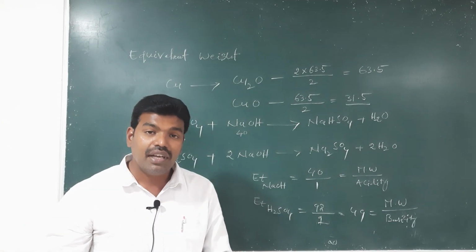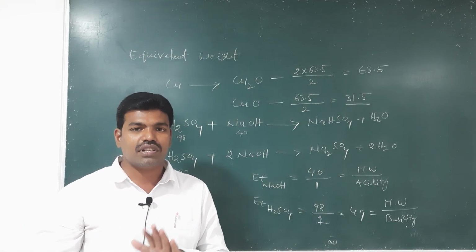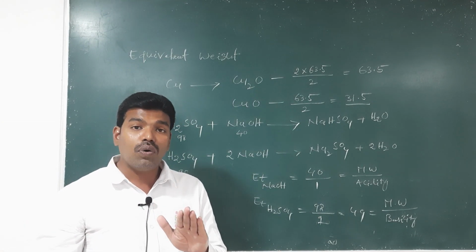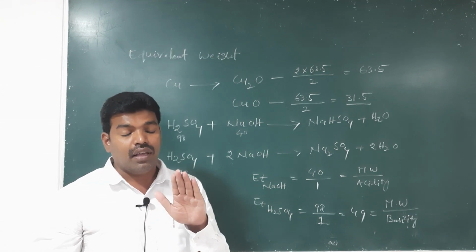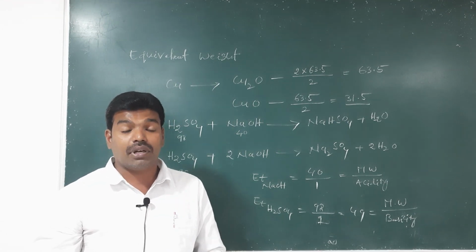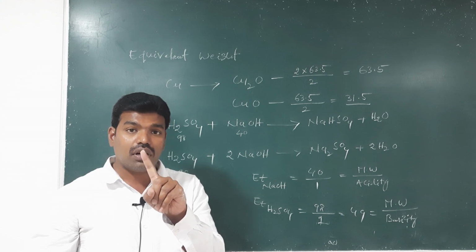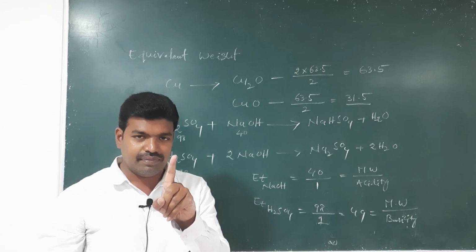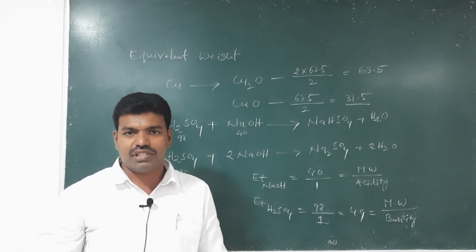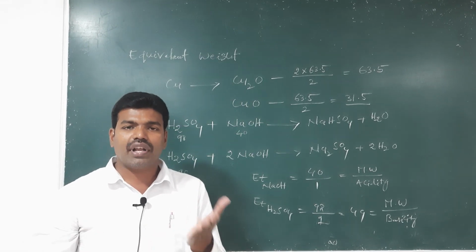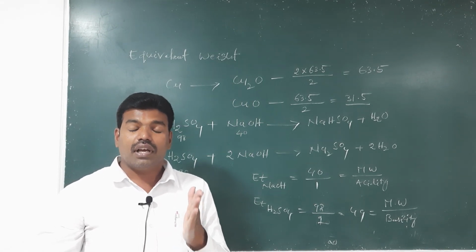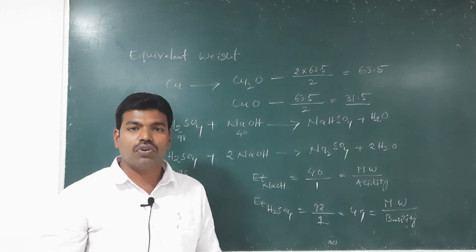Basicity means the number of replaceable hydrogens. Of course, a compound may contain several hydrogens, but all the hydrogens are not replaceable hydrogens. You can see the examples: H2SO4, H3PO3, H3PO4, HNO3.